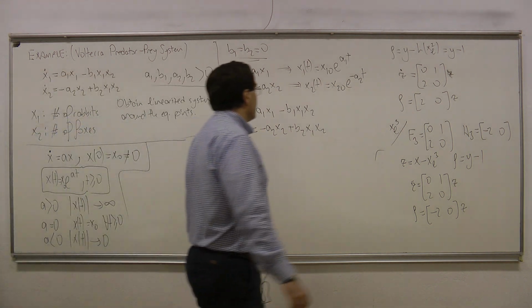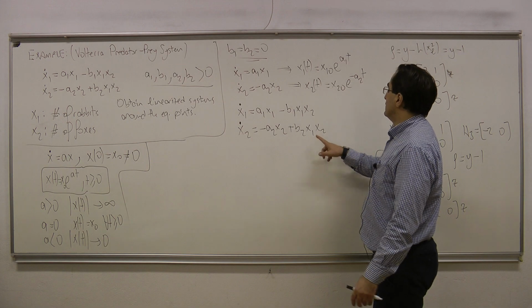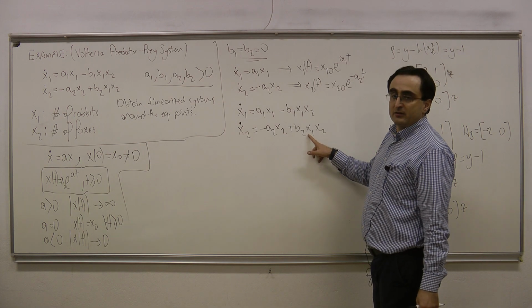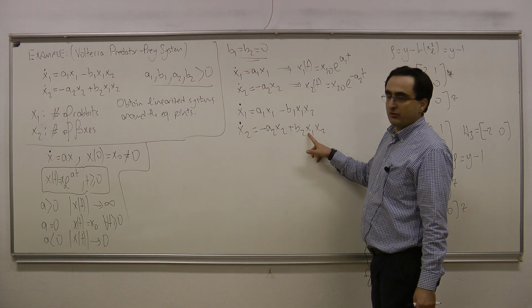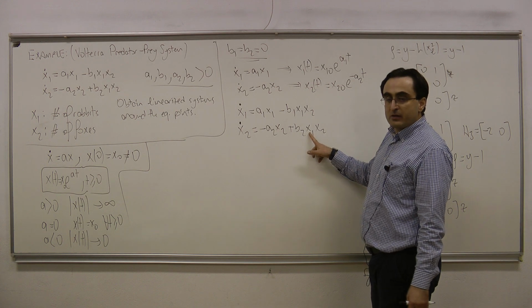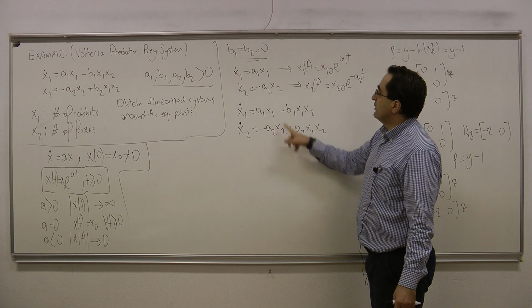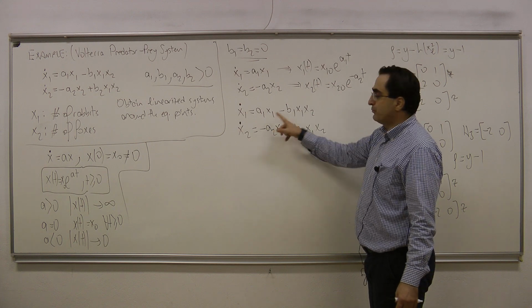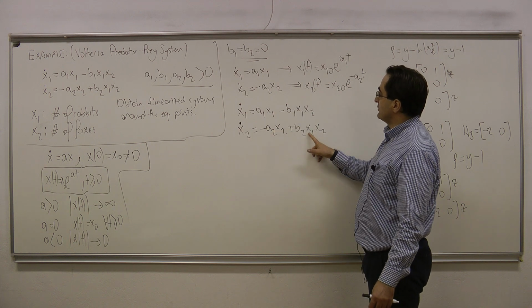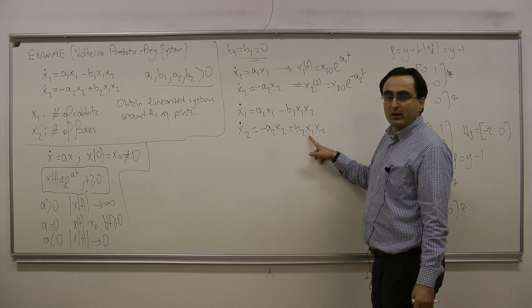And here you see that if the number of rabbits is large, if x1 is large, this negative term, which decreases the number of foxes, can be positive if x1 is very, very large. Okay?